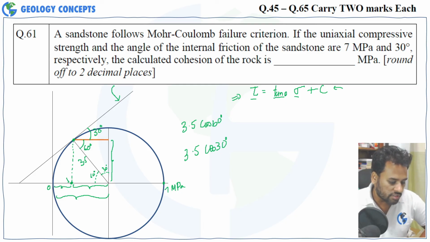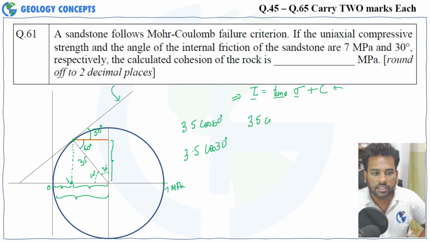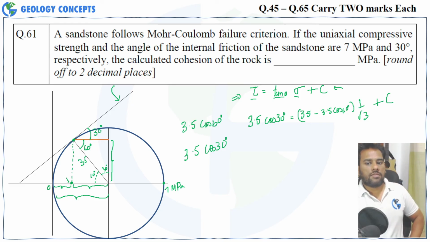So the correct solution will be 3.5 cos 30 is equal to, the sigma value here is 3.5 minus 3.5 cos 60, into tan theta. Now tan theta is 1 upon root 3, plus c. Now you have to solve for this, right?